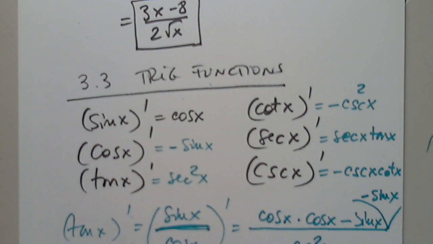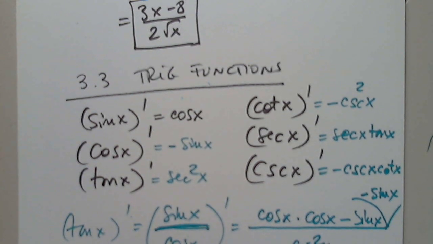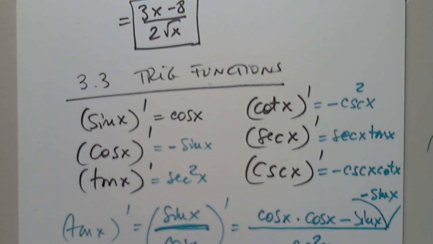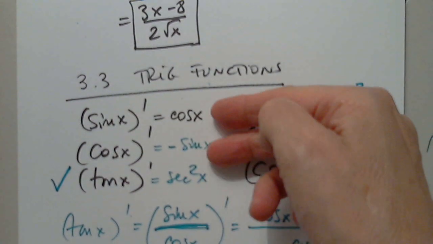The numerator is now cosine squared plus sine squared. Anyone remembers this super important trig identity? How much is this? 1. Yes. So it's 1 over cosine squared, but by definition, 1 over cosine squared is secant squared. So we proved this one based on sine and cosine.